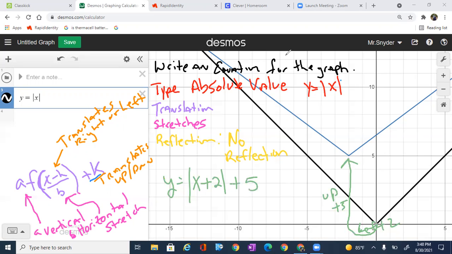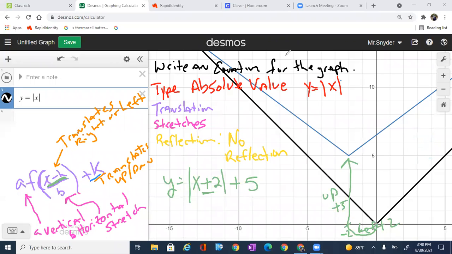Some people could be going, well, why is it positive 2? We're going to the left. Well, that means we're over here at negative 2. There's our formation, x minus. So x minus negative 2, two negatives make a positive, and it is x plus 2. And that's why you'll see the x plus 2 in the absolute value.